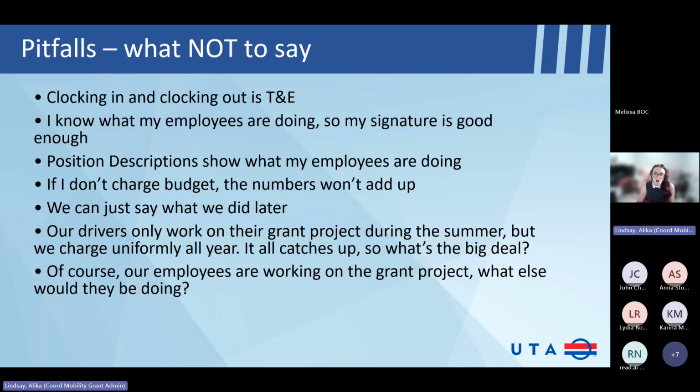It doesn't offset my budget. We can just say whatever we did later and make it up. Our drivers only work on their grant project during the summer, but we charge uniformly all year. It all catches up, so what's the big deal? Or, of course, our employees are working on the grant project. What else would they be doing? Okay, so these are things you do not want to say when an auditor asks you for your time and effort.